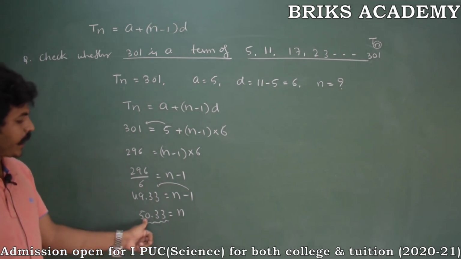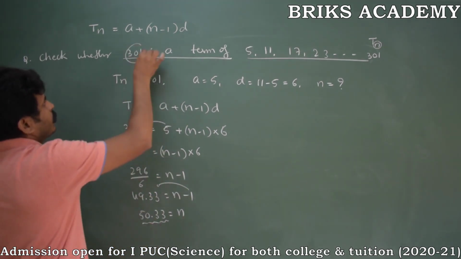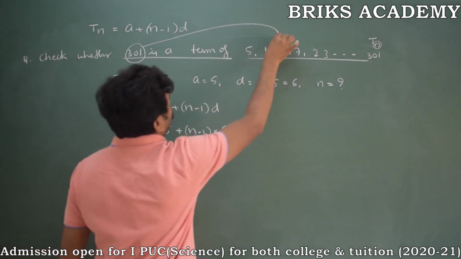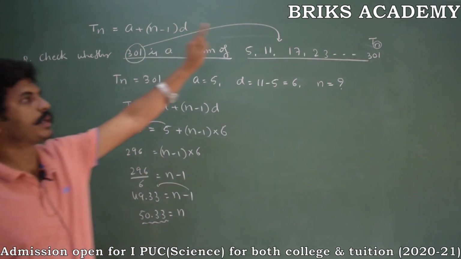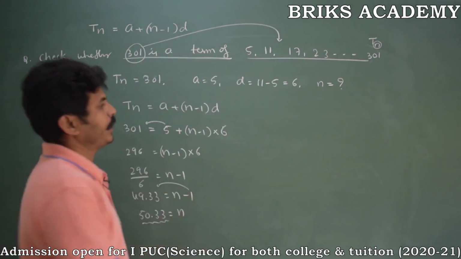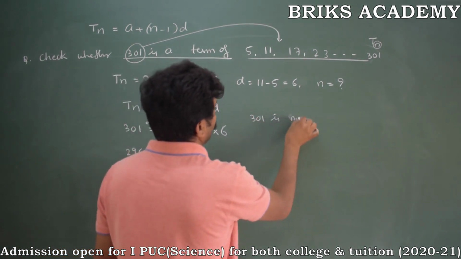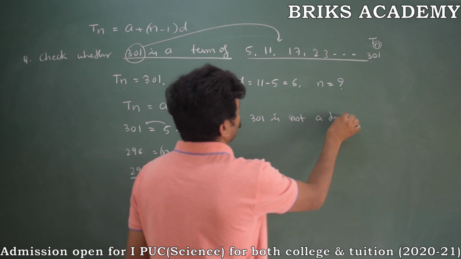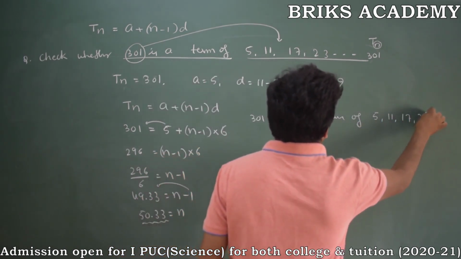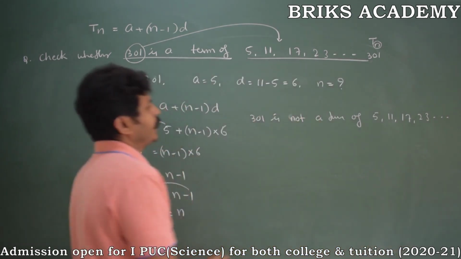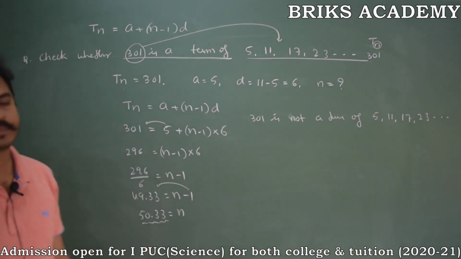So I got n is 50.33, which means this is not a term of this AP. That is, 301 is not a term of this AP 5, 11, 17, 23 and so on. It is not one of the terms here. Got it?